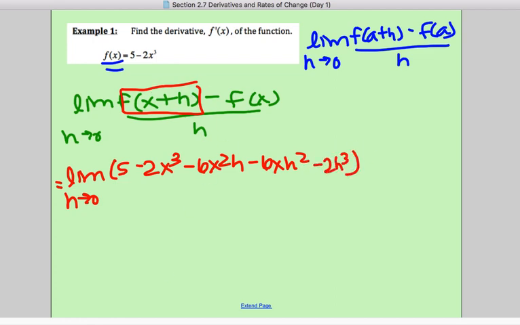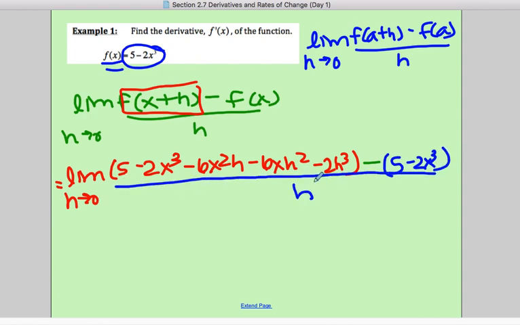That is that piece. Now I'm going to go ahead and subtract my f of x function, which is my function that I'm given here. So make sure you put it all in parentheses. So I have 5 minus 2x cubed all over h.